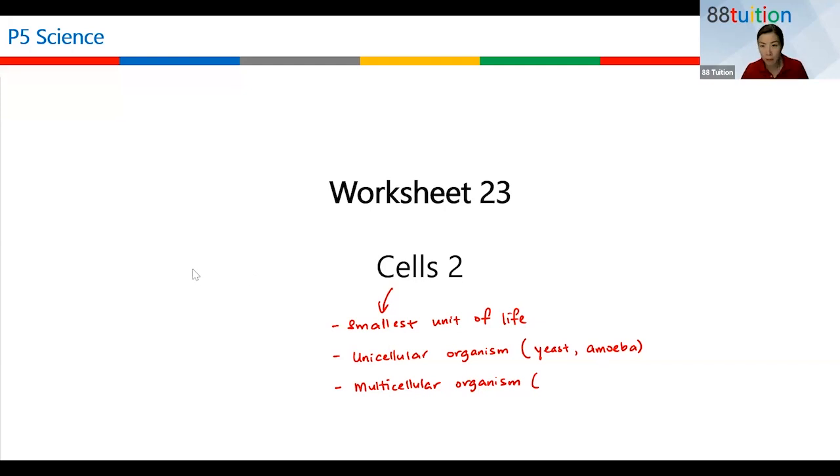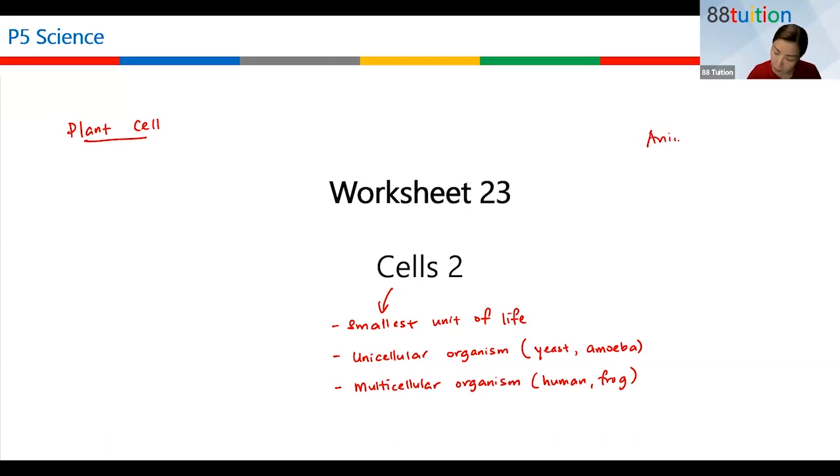All right, let's continue. Yep, so you have written down humans. Some of you gave specific example like frog. I think that's good. So these are some examples. Okay, now, so we are going to differentiate the plant cell from the animal cell.